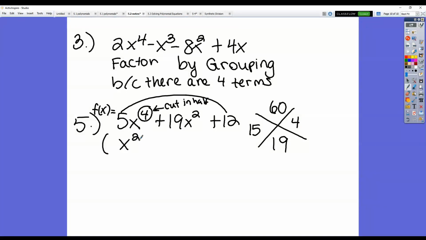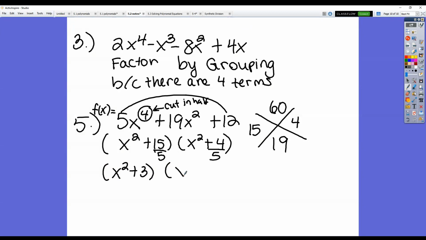So that's where we get x squared plus 15 times x squared plus 4. Then, don't forget it's sliding and dividing, so we divide by 5. Okay, it's factored. Now set both factors equal to 0.